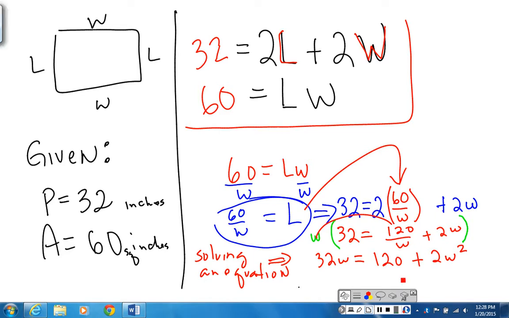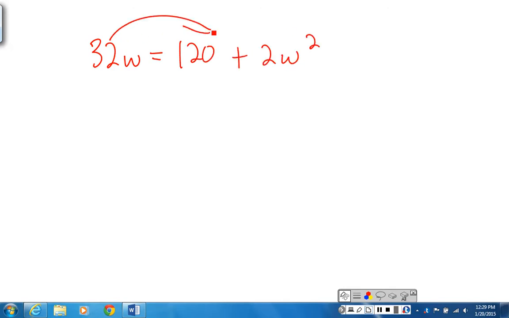So let me rewrite that back over. 32W equals 120 plus 2W squared. I'm going to put this on this side just because my 2 is already positive. That's the leading coefficient, it's already positive. So I'm going to subtract 32W from both sides.